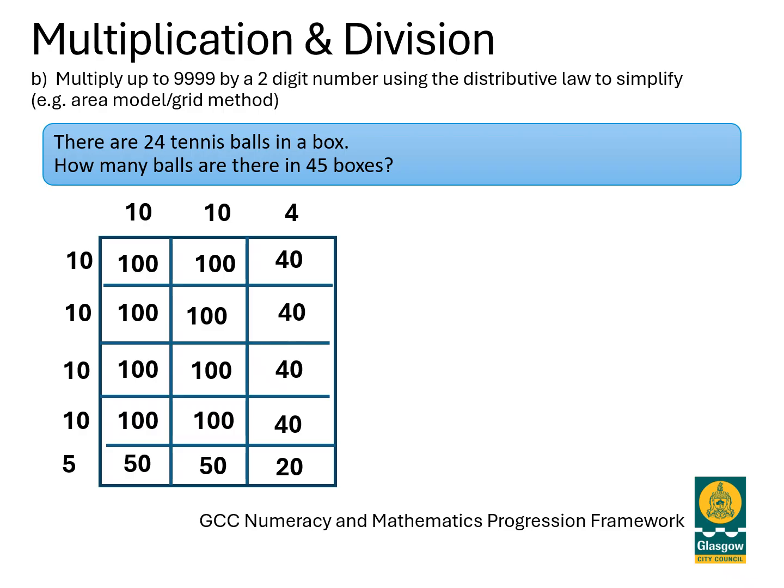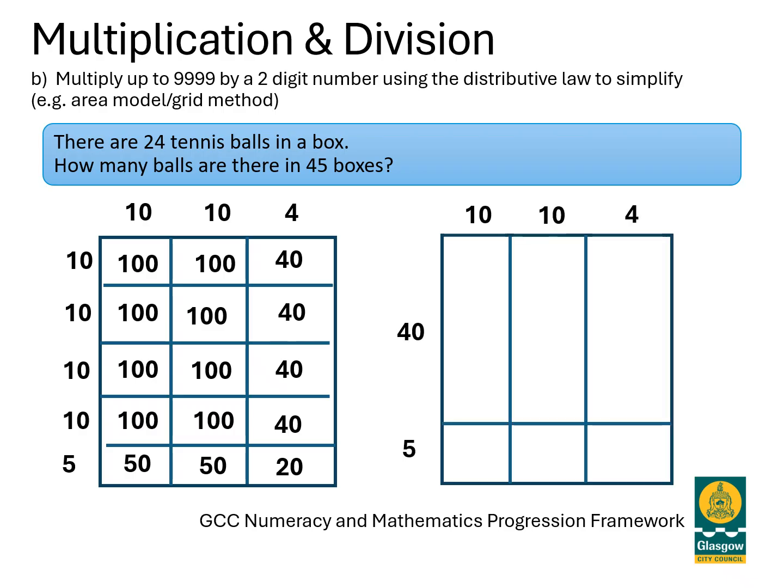So we want to, in this block, try and move pupils on to doing not so many individual boxes in their grid. So something like this would reduce the number of additions needed at the end.